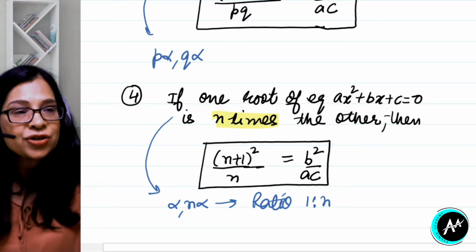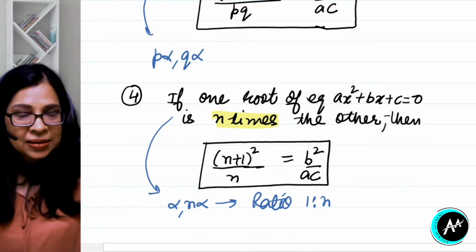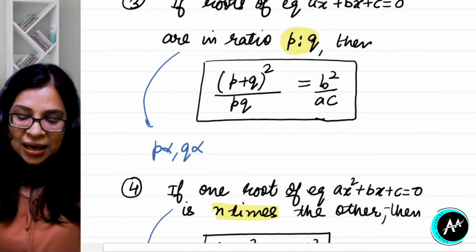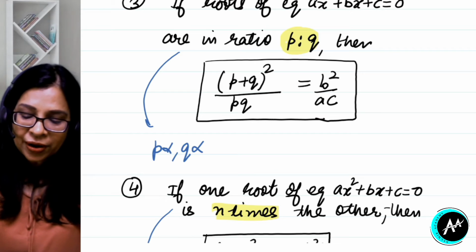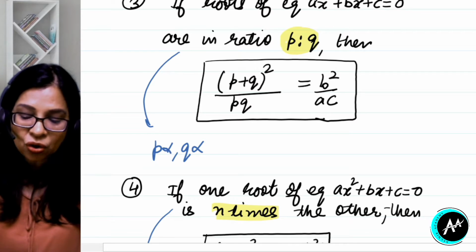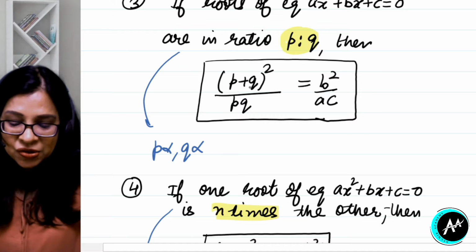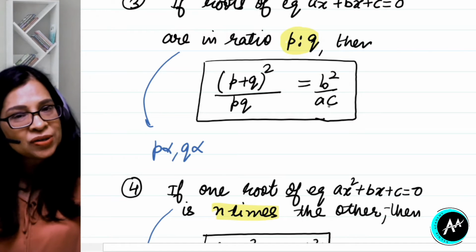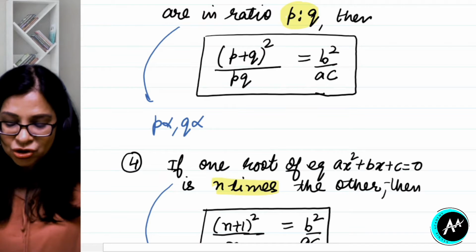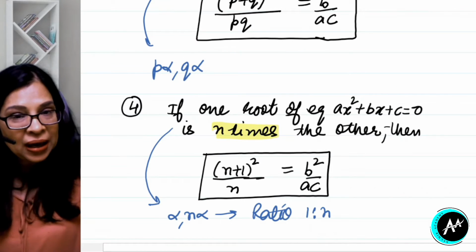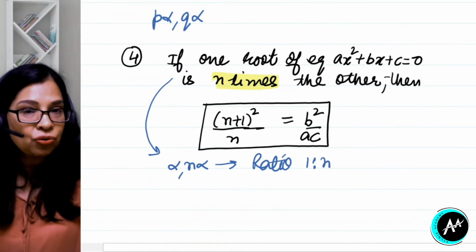That roots are in the ratio 1 is to n. So what is the result that we have done? That if roots are in the ratio p is to q, as you can see over here, then I have p plus q whole square upon pq is b square upon ac. Now here the roots are in the ratio 1 is to n, so instead of p I have 1 and instead of q I have n.